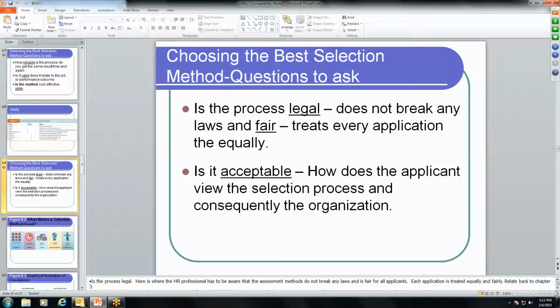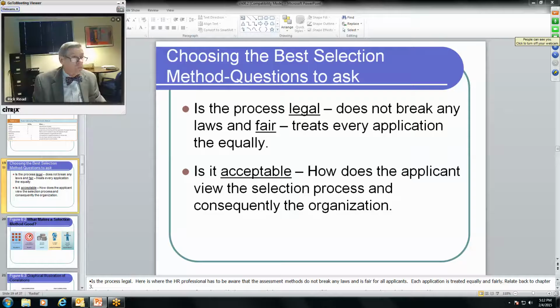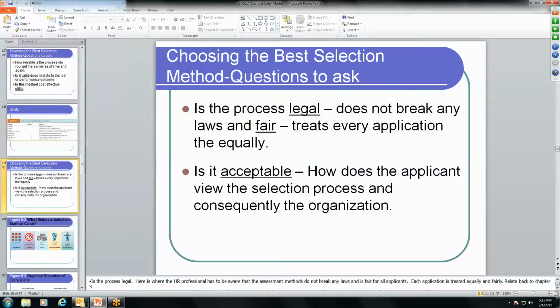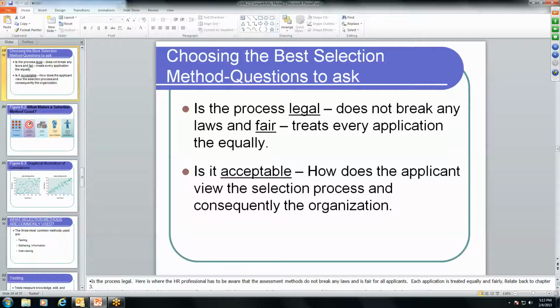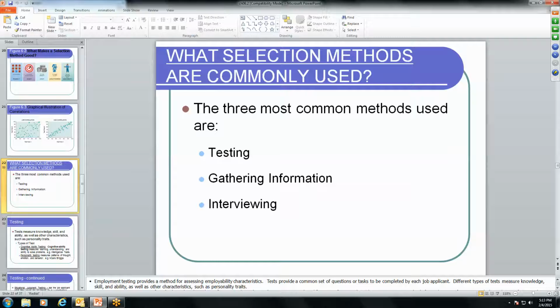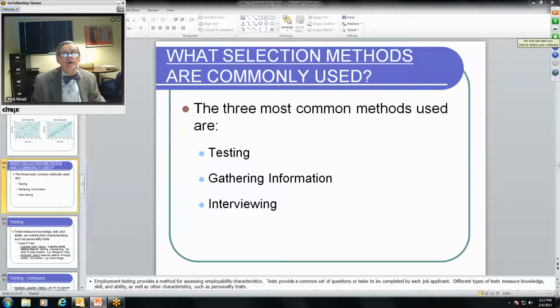And here we have a process: is the process legal? Making sure we are fair and consistent with the questions. Is it acceptable? How does the potential employee perceive the selection procedures that we have gone through?